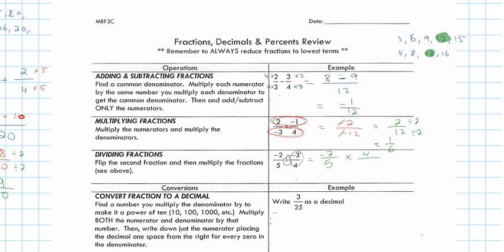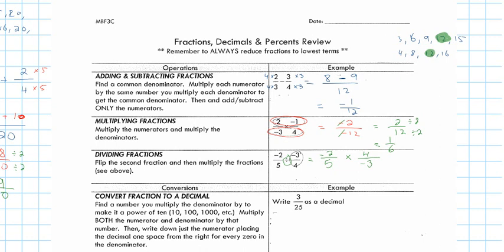So now I made it into a multiplication, and what do I do with multiplication? Multiply top by top, bottom by bottom, right? So the first thing is I have to change it to multiplication and flip the second fraction.